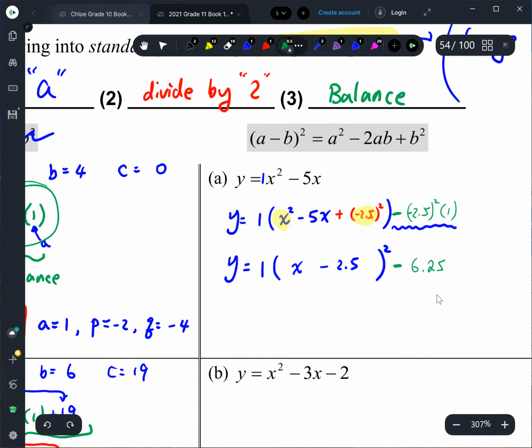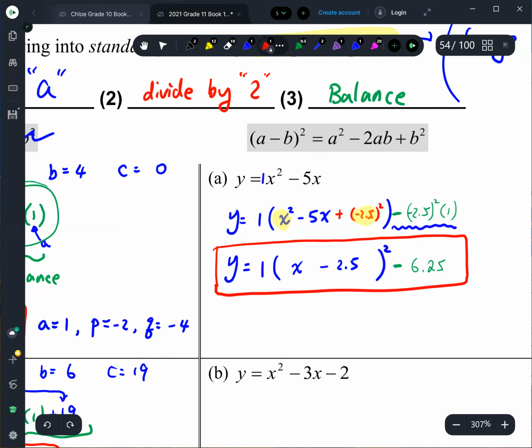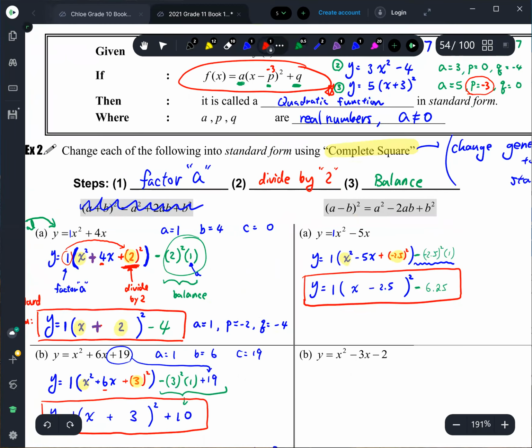So it just stays at negative 6.25. So there you go, that's your standard form. If you compare left and right, the only difference is inside the bracket, it should be a subtraction, because the middle term is a negative. Same thing, we need to write out the APQ.